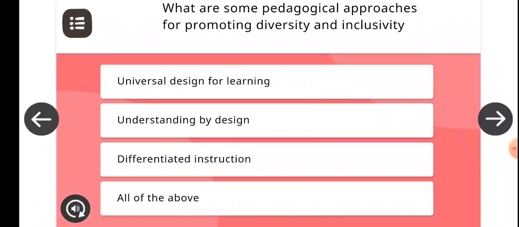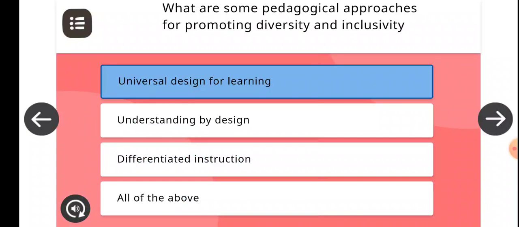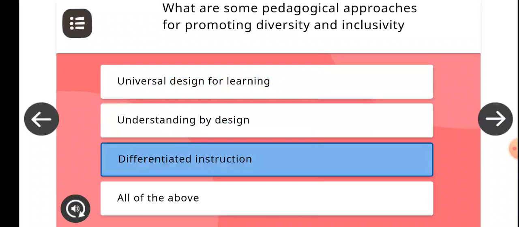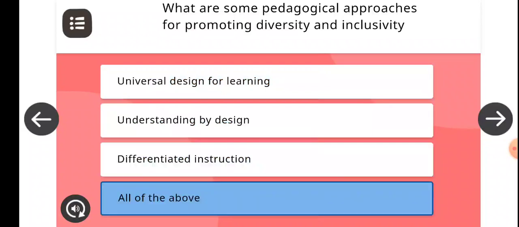Next question: what are some pedagogical approaches for promoting diversity and inclusivity? Is it universal design for learning, or understanding by design, or differentiated instruction, or all of the above?